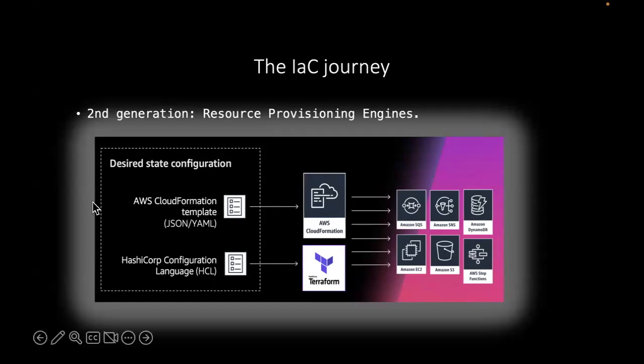And so on the screenshot, the way this generation of IAC worked was, in the case of AWS anyway, you wrote what's called a CloudFormation template in either JSON or YAML. And that template described the infrastructure that you wanted.